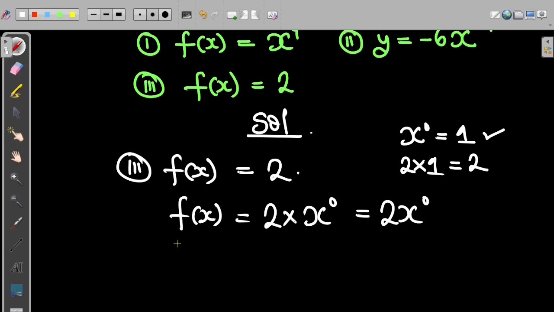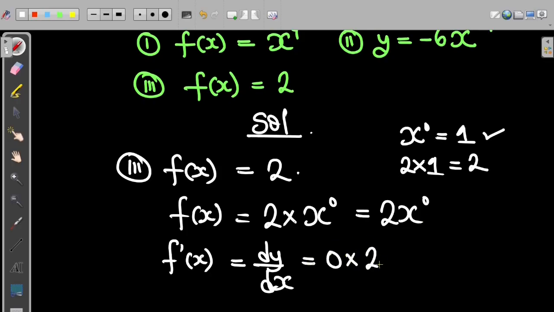So to obtain the derivative of the function, we have that f prime of x, which is dy over dx, is equal to the index 0 times 2 multiplied by x to the power of 0 minus 1.